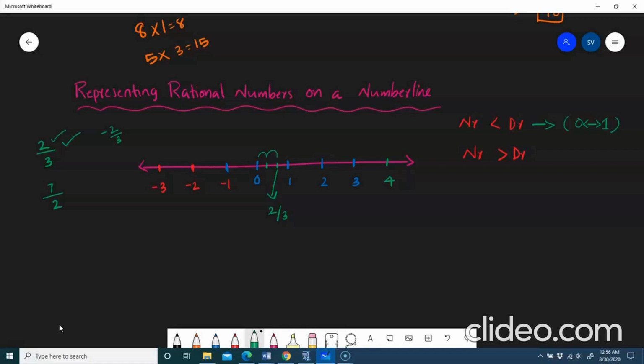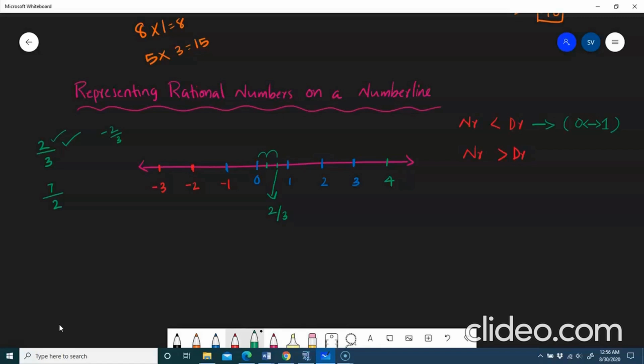So go with the first rule. Because the numerator is less than the denominator, our number will be in between 0 and 1. Then complete this process and plot your point. Easy thing. And if it is negative, it will come here, towards the left.